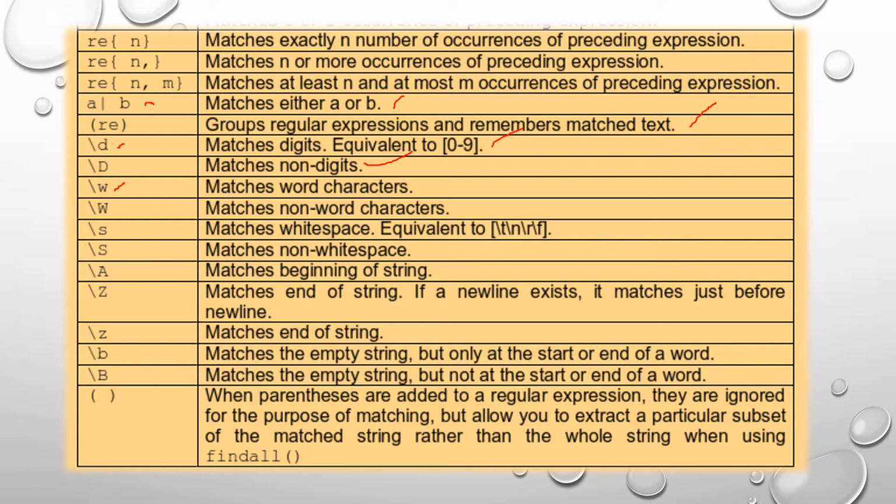Lowercase \w: the meaning of this is matches word characters, and uppercase \W matches non-word characters. Lowercase \s: the meaning of this is matches whitespace, equivalent to \t, \n, \r, or \f. Uppercase \S matches non-whitespace.